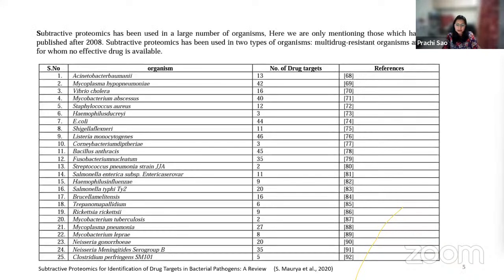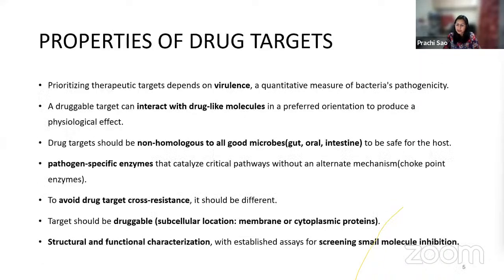This study has been done in a lot of microorganisms. This is just one screenshot of a microorganism, but there is a huge number of microorganisms on which this study has been done. And still, till 2022, papers have been published which used this particular approach.